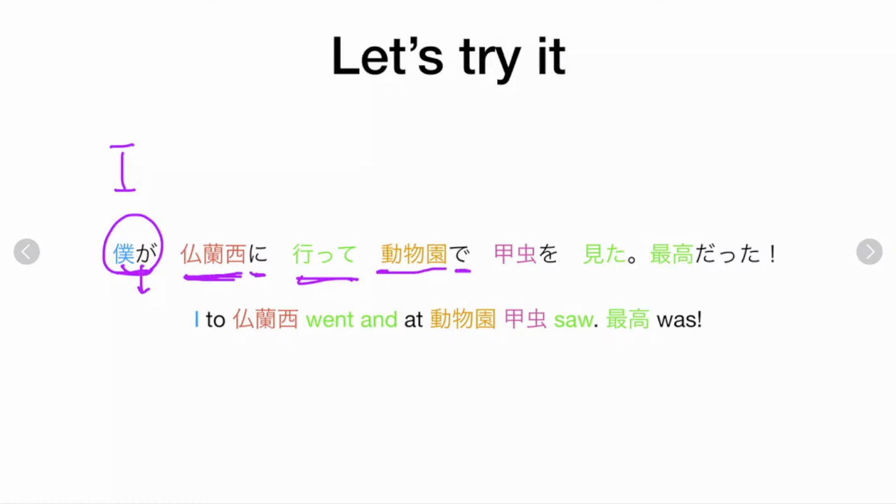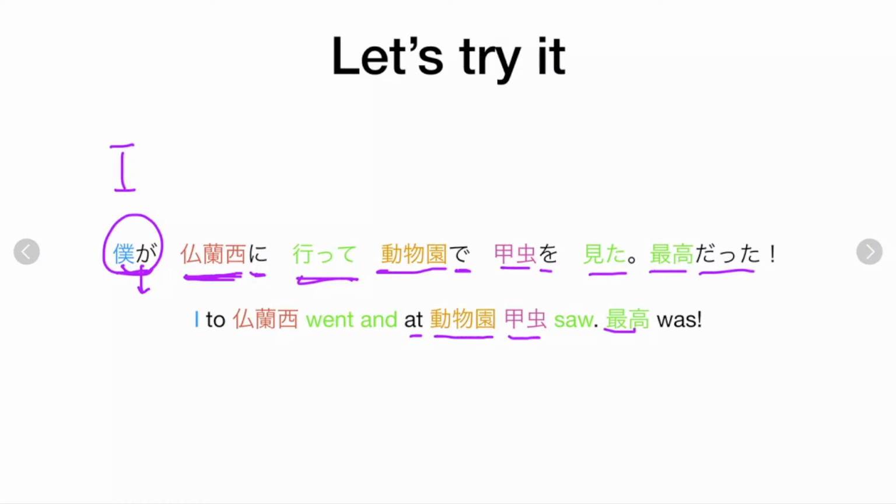We know de tells you, when you do a verb, where it happened. So at whatever this is, this o mita. This is miru, which is to see. It's in past tense. So I saw whatever this thing is. And then something datta. Datta is past tense of da. So it was whatever this means.